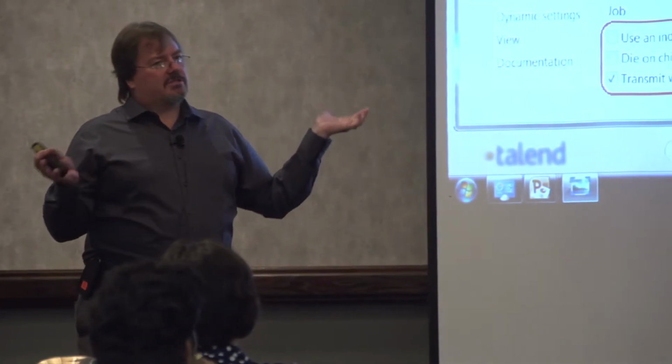That die on child error is only going to be appropriate to the VM that it's currently running in. So that child job, if it's running in its own separate JVM and it has a die on error, it will still return back to the parent and the parent will still run, because it really didn't fail. It handles its own failure, killed its own VM, and popped back up to the parent, which is still running.